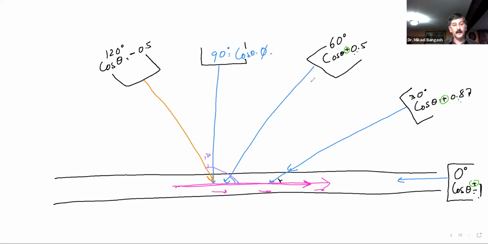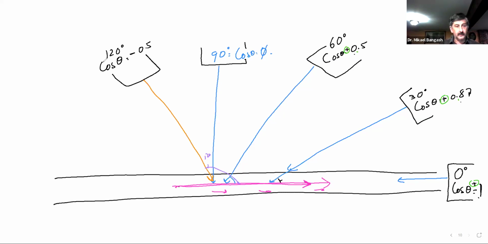Until 89 degrees, it was positive. Then at 90 it became 0, and then it's going to go negative.